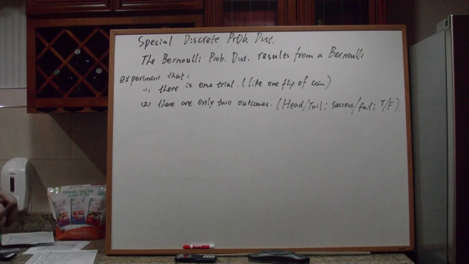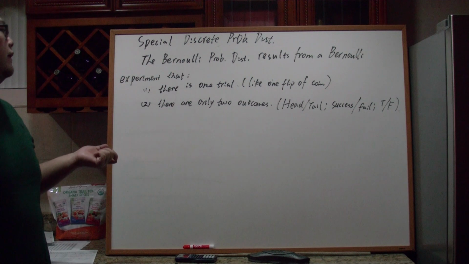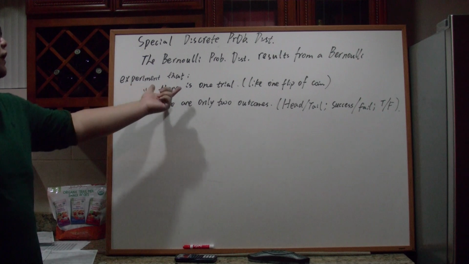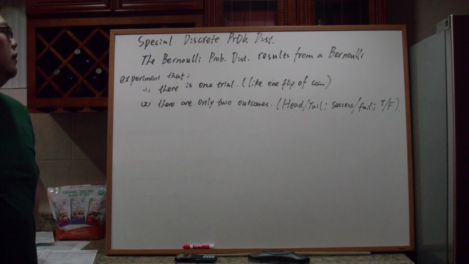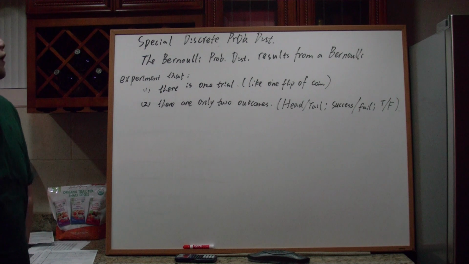The experiment has only one trial. Just do your experiment once, like flipping a coin once or rolling a fair die once. That is a Bernoulli experiment. It has just two categories: only one trial, and only two outcomes.